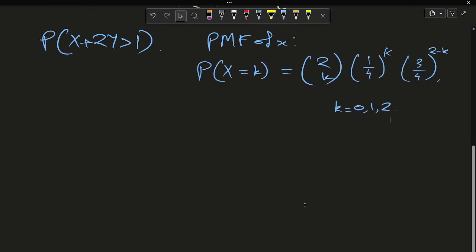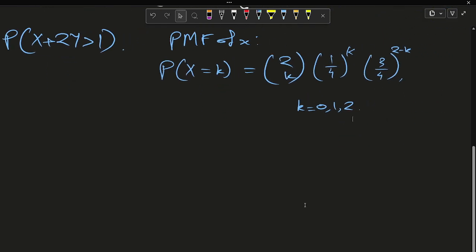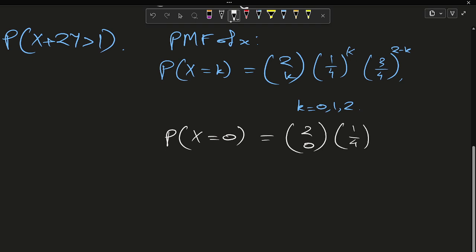So P(X = 0) = 2C0 (1/4)^0 (3/4)^2, which equals 9/16, because the first two factors are 1.